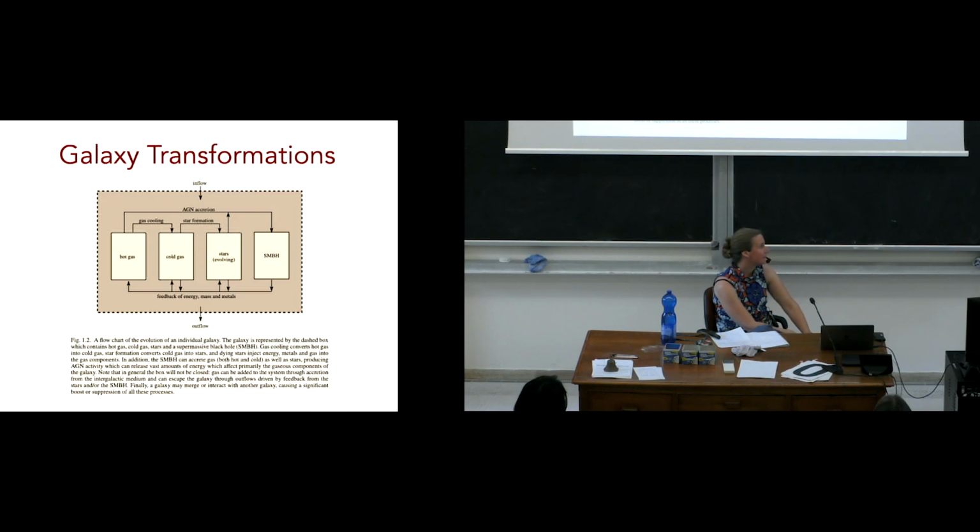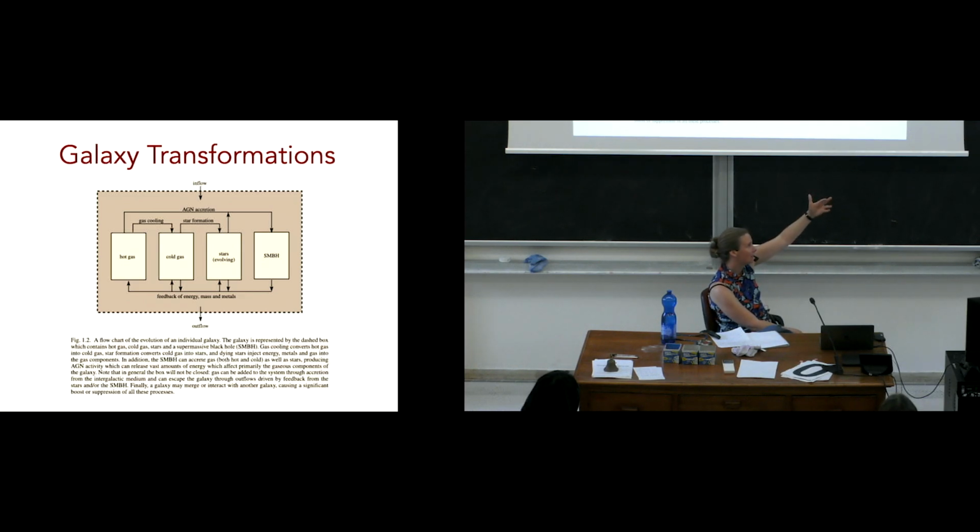And here is a neat diagram showing basically the tracing of gas and then also the various populations in a given halo. This type of bookkeeping is the basis of any semi-analytic model of galaxy formation, and similarly also in N-body simulations.